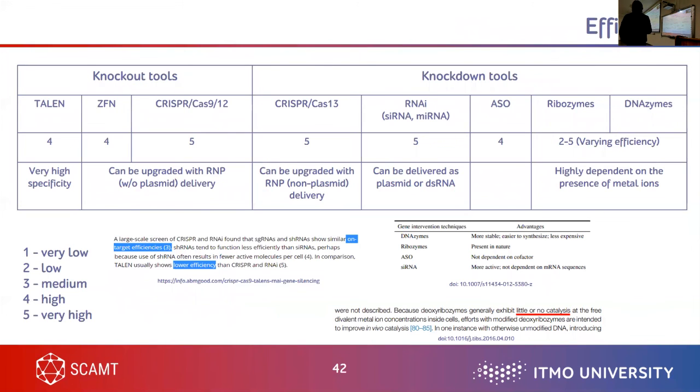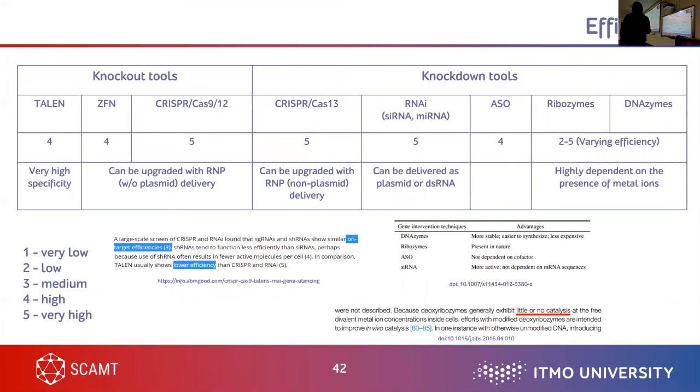So, efficiency. I just said it can be a little bit subjective, because it's very hard to really assess the efficiency of any knockout tools and compare them to each other.